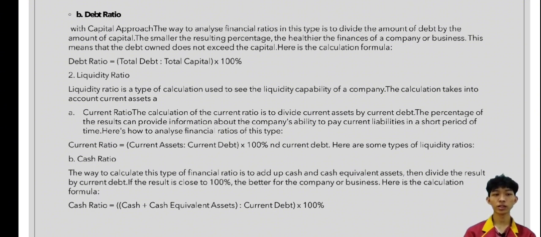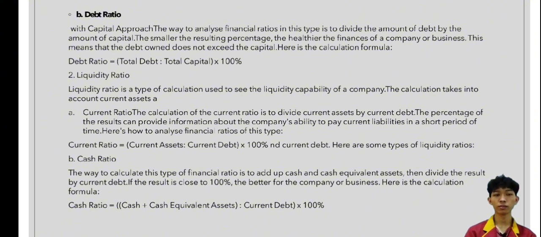The percentage of the result can provide information about the company's ability to pay current liability in a short period of time. Here's how to analyze financial ratio of this type. Current ratio equals current asset over current debt x 100%.